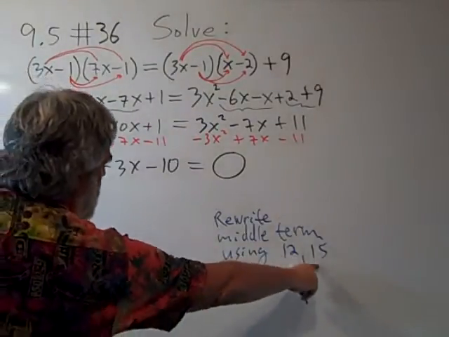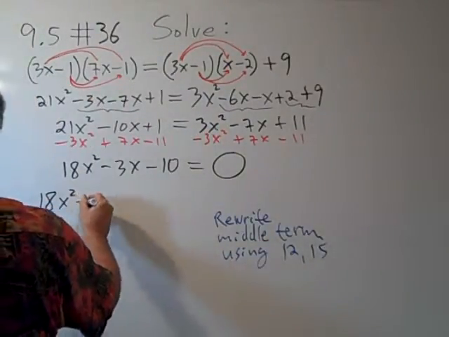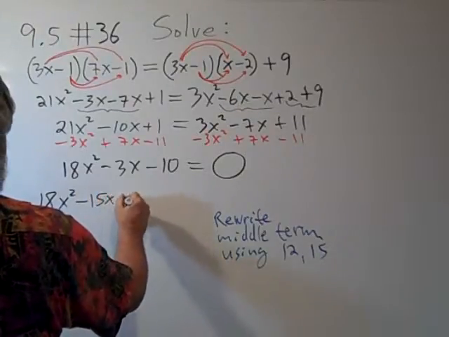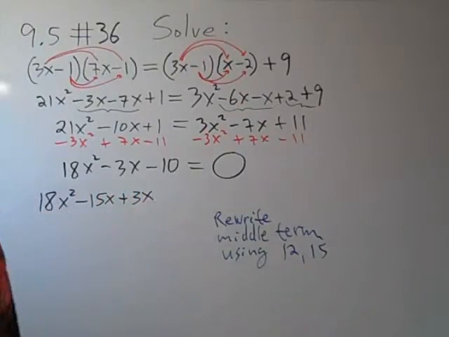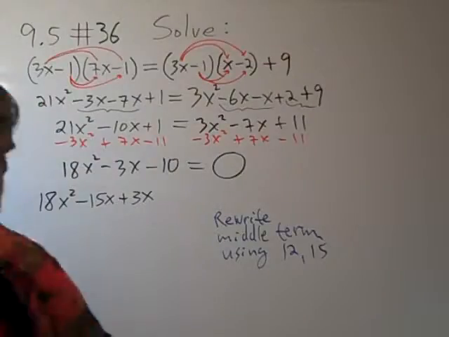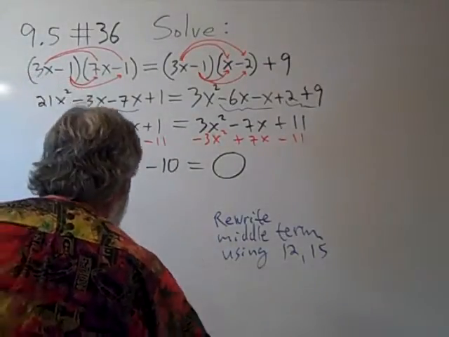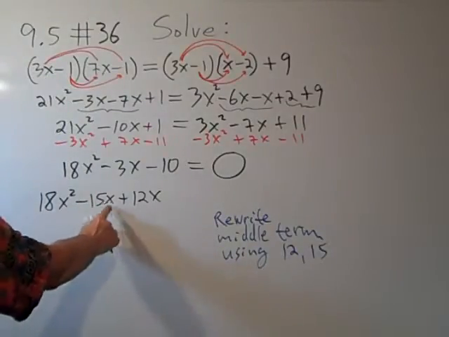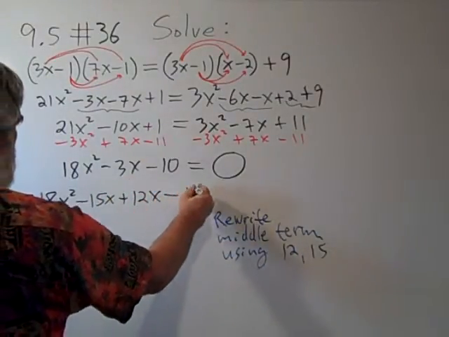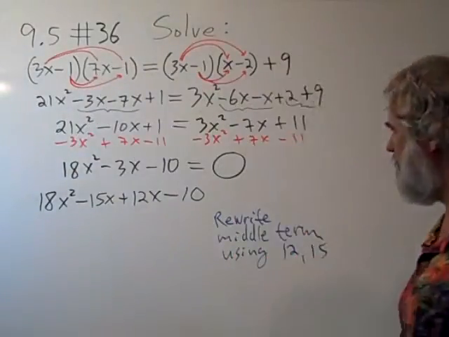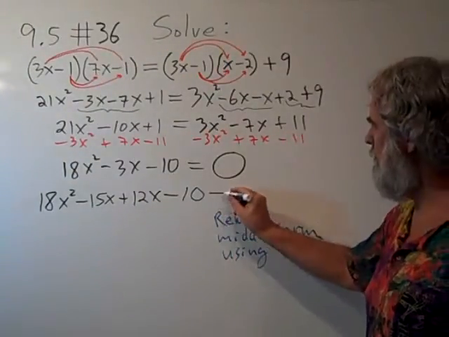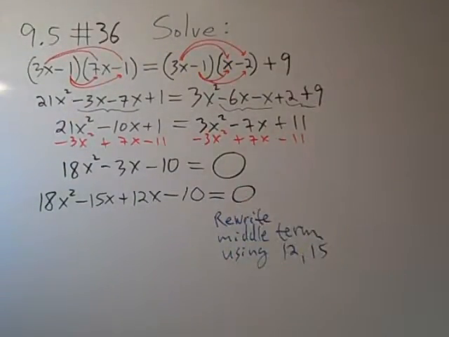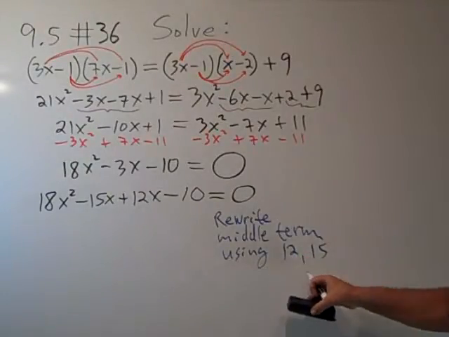Now let's use 12 and 15 to get negative 3x. Let's go negative 15x plus 12x, and those add up to negative 3x, minus 10 is equal to 0.